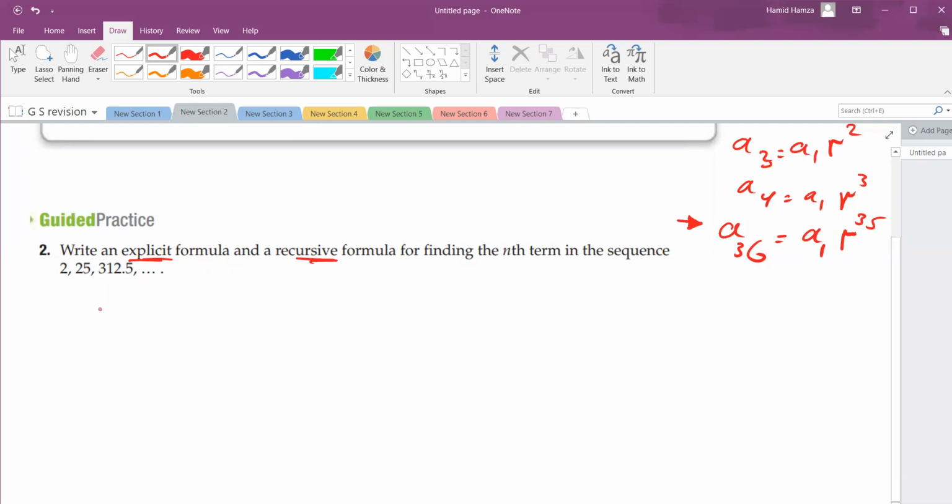So to find the nth term, we first need to find a1, the value of a1, and the value of the common ratio. So a1 is the first term, which is 2. R, the common ratio, is 25 over 2. So now we want to write the nth term.